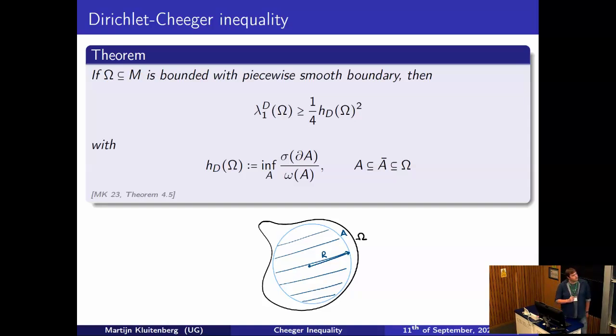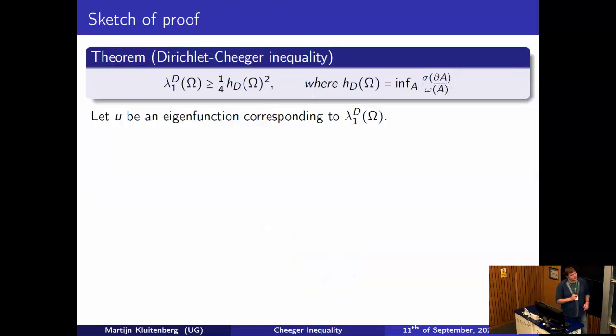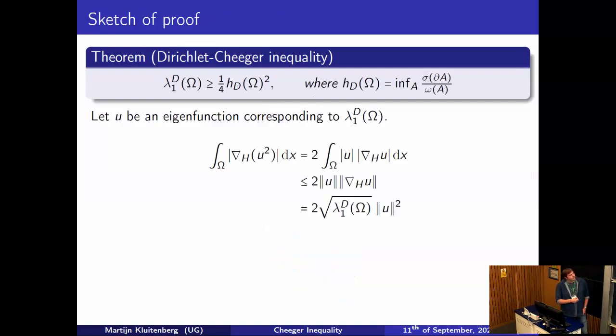Okay. So I will show you a brief sketch of the proof, and a lot of the work has been done for me already in previous talks, especially in the last one, so I am very grateful to the previous speaker. So I take an eigenfunction u corresponding to this first Dirichlet eigenvalue. And the magic is to study this integral, the integral of the horizontal gradient of u squared.